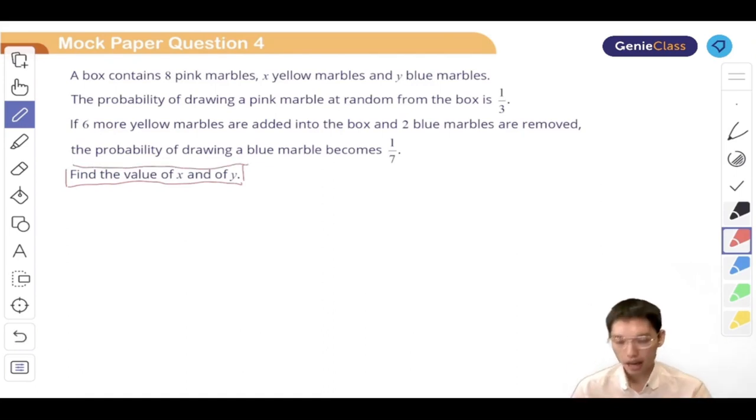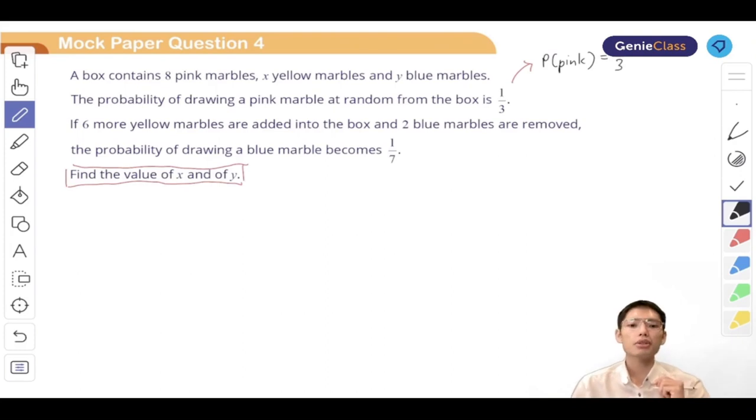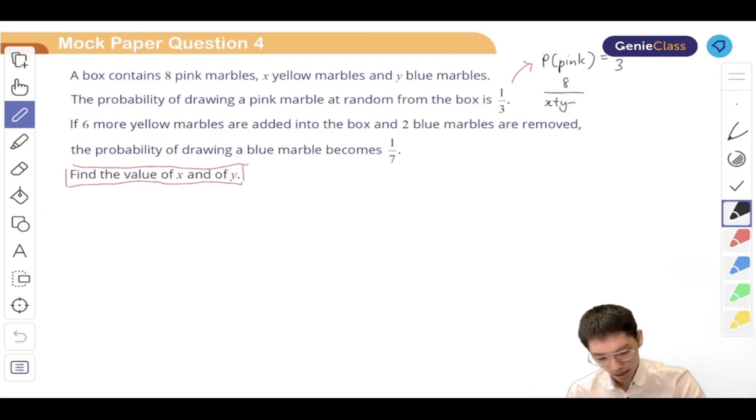What we have solved so far, from bubble question 4, is that the probability of getting a pink marble is 1 over 3. The equation we can form is 8 over x plus y plus 8 equals 1 over 3.